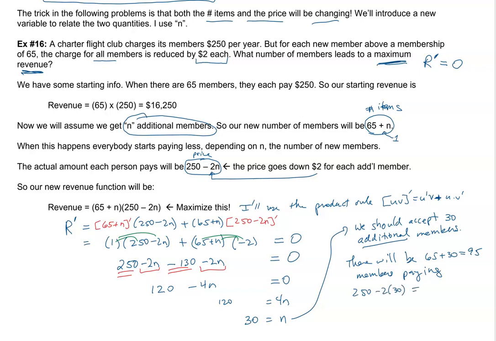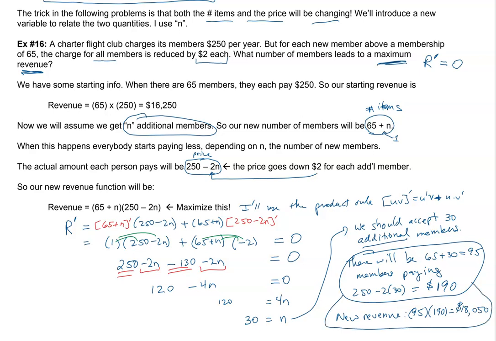They're going to take off $60 and each person only pays $190 now. That's a pretty good deal, down from 250. And then the new revenue, which we now think is a maximum, would be 95 people paying $190 each, which is $18,050. So yeah, it's certainly more.